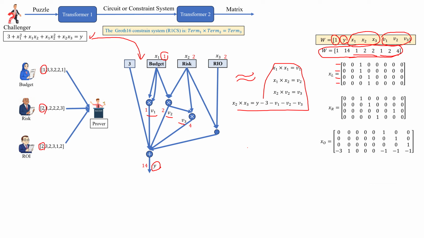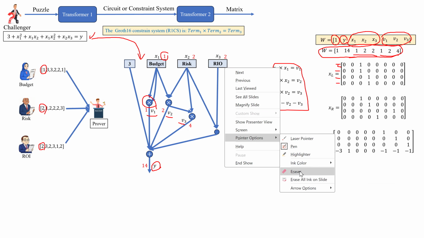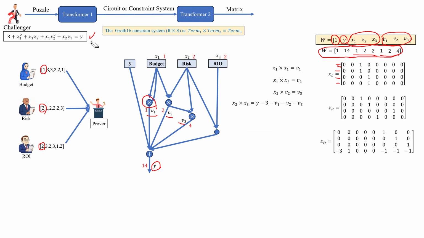Now we want to see how we fill these matrices XL, XR, and XO. So let's focus on the first row in matrix XL. We mentioned that this is the left input of the gate, and the first row is gate number 1. First let me erase this part.